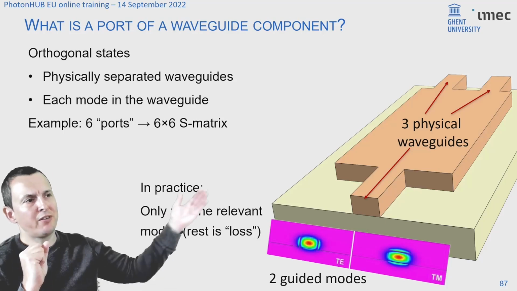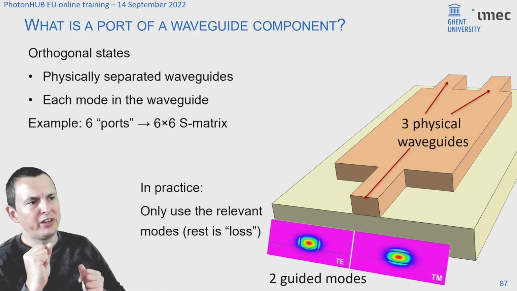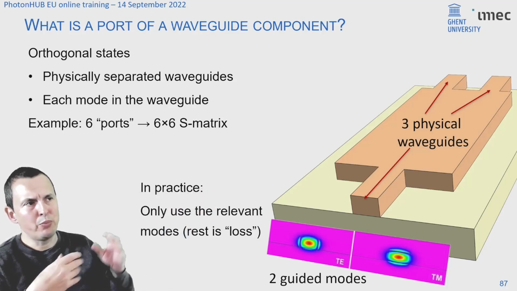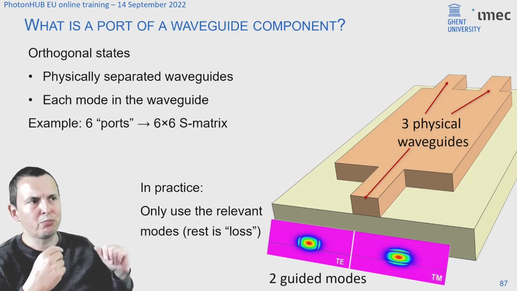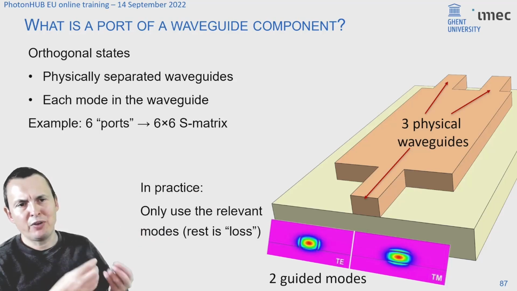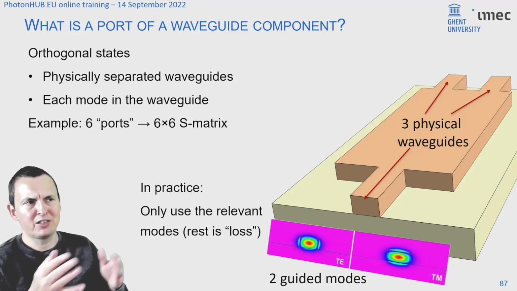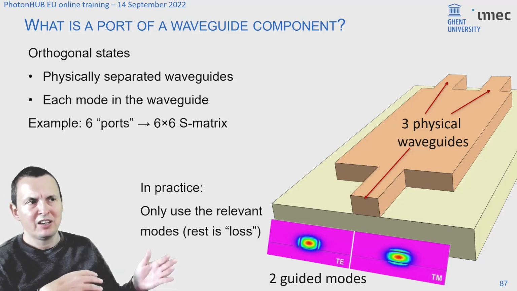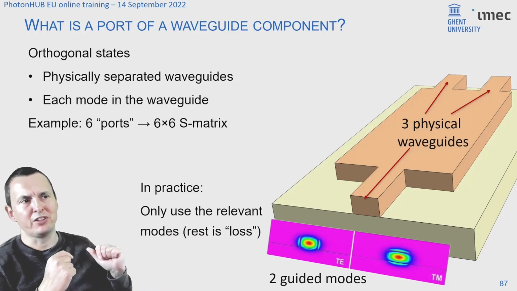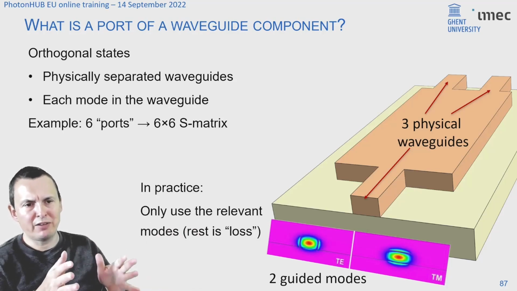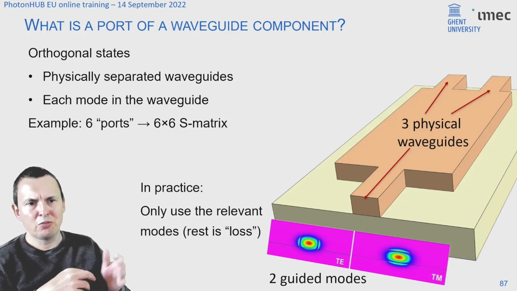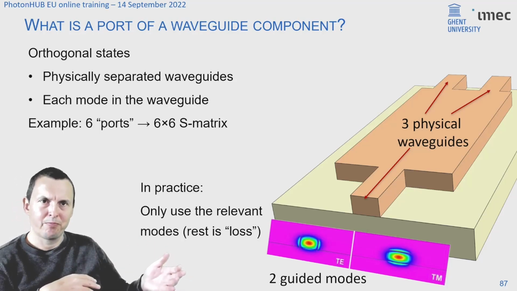Let's say that you have a splitter component here, which has 3 waveguides, one input, 2 output waveguides. But if every waveguide supports 2 guided modes, for instance, a TM polarized mode and a TE polarized mode, that means that this is a 6-port device. Because every orthogonal mode that can be used to excite a circuit should be considered as a port.